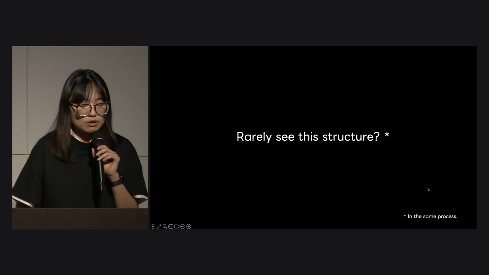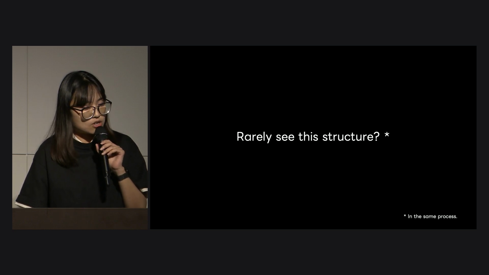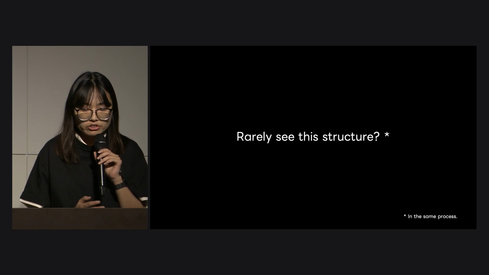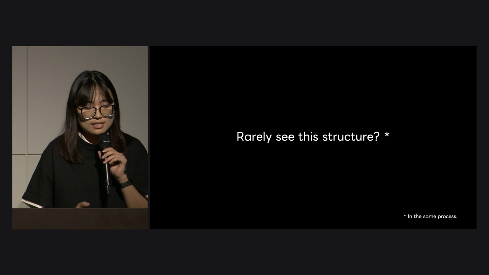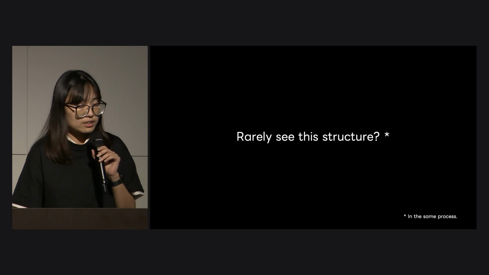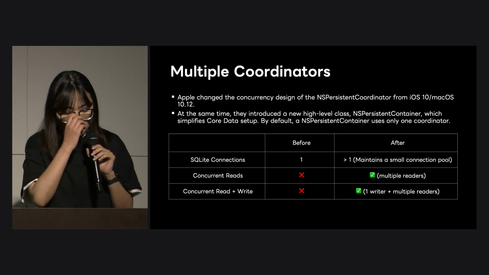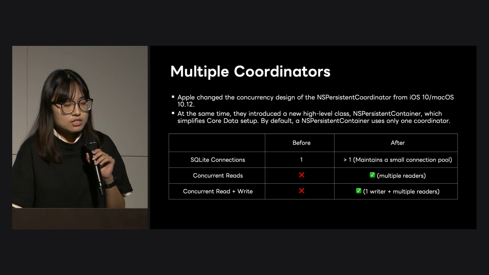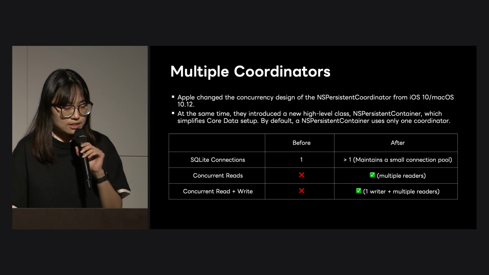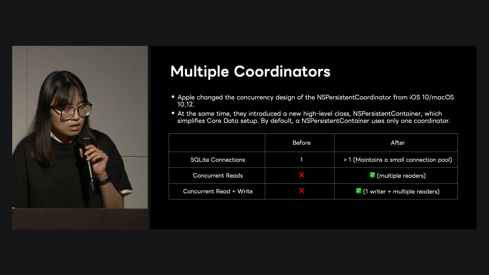We have talked quite a bit about the multiple coordinator structure, but you might wonder, why do we rarely see this structure in projects nowadays? Well, here's why. First, Apple changed the concurrency design of the NSPersistentStoreCoordinator from iOS 10.